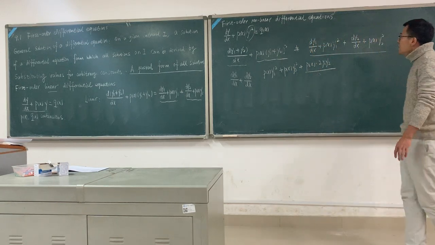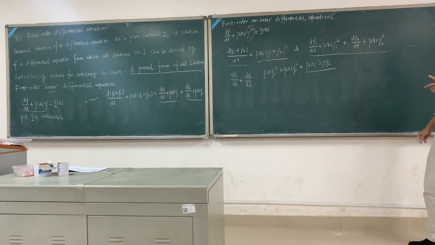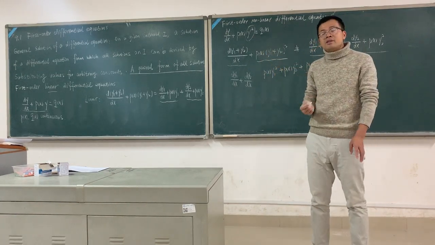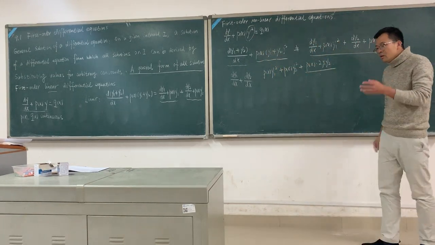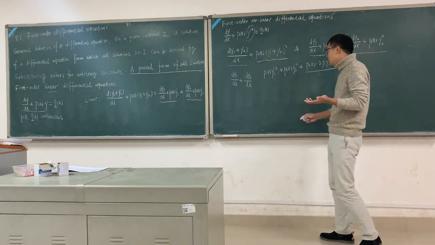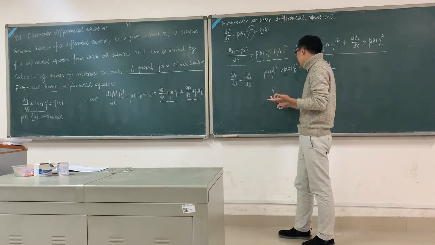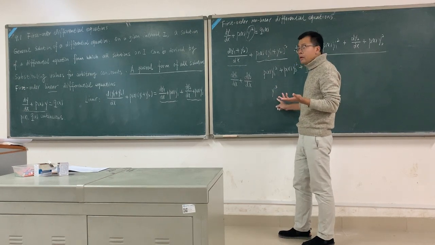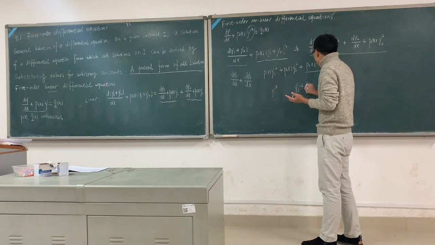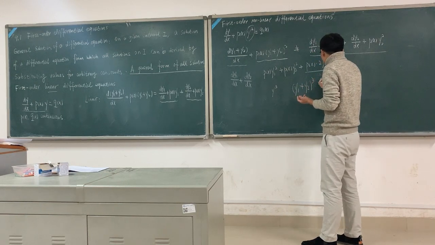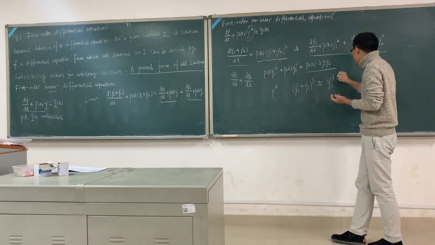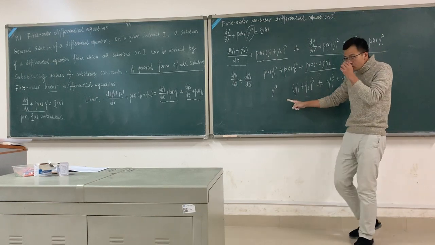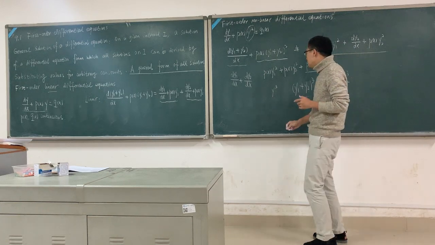So this is a first order nonlinear differential equation, because here is y squared, and this y squared is nonlinear. I think it's easy to see. For example, y cubed is also nonlinear, because (y1 plus y2) cubed is not equal to y1 cubed plus y2 cubed.